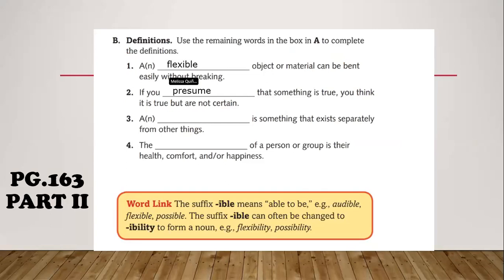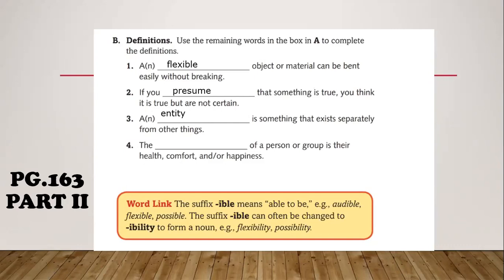Number 3, a or an is something that exists separately from other things. Yes, entity. In that case, they were one or they were two or more and they separated. 4, of a person or group is their health, comfort, yes, is welfare.